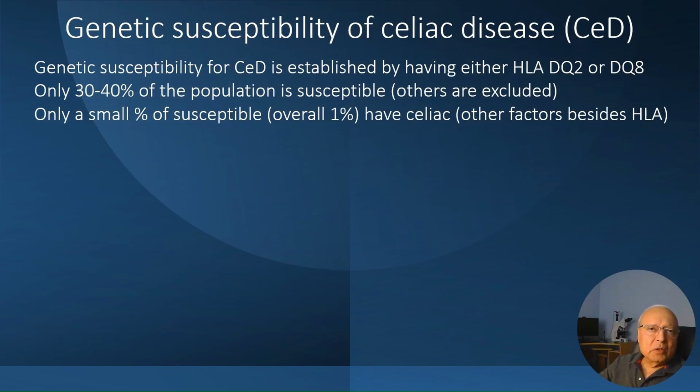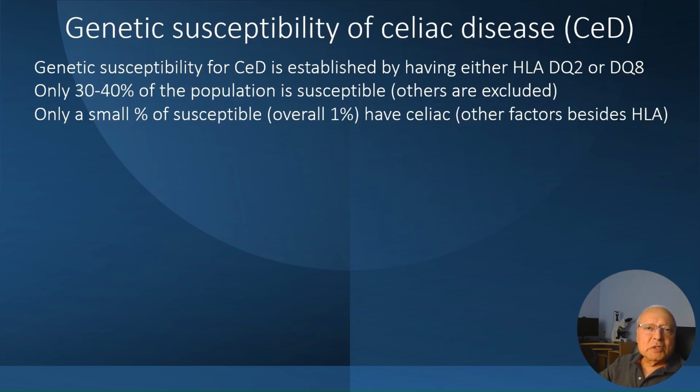About a genetic predisposition to celiac disease, you need either DQ2 or DQ8 HLA haplotypes. And DQ2 is a little more common than DQ8 in celiac patients. And more homozygosity multiplies your risk for having celiac disease.